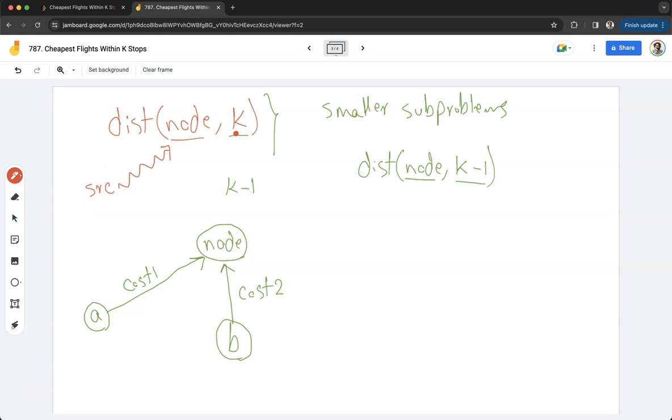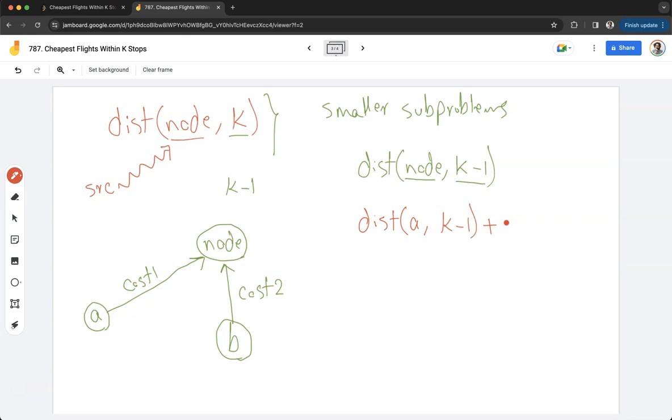So that means I can arrive at A with at most k minus 1 stops. So that should be dist of A and k minus 1 plus this cost. So you arrive at A with at most k minus 1 stops, and then you pay this cost 1 to arrive at node.